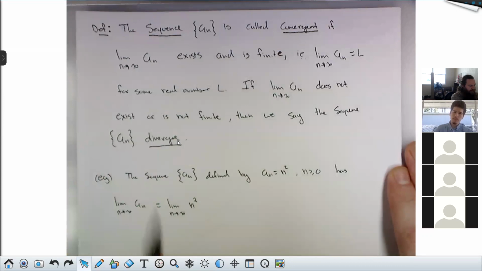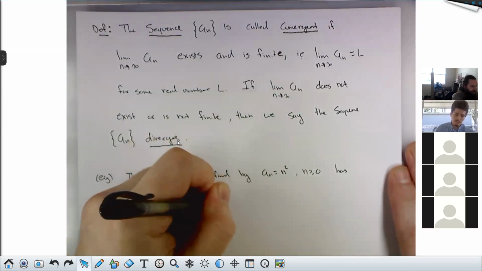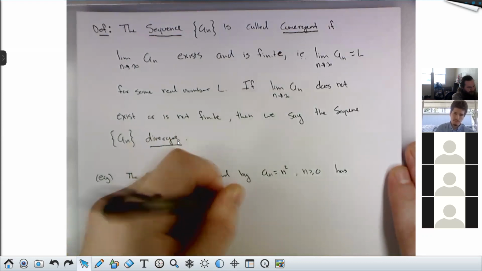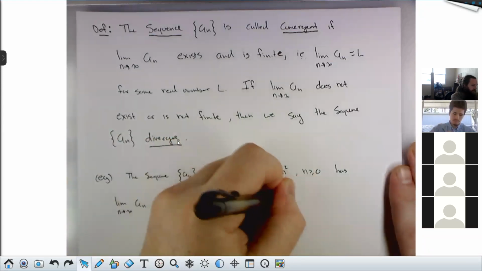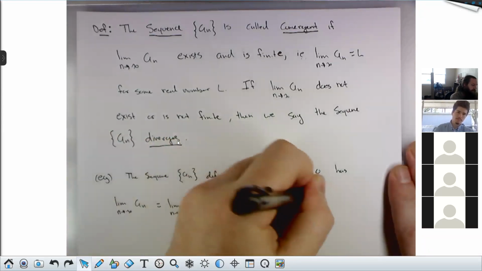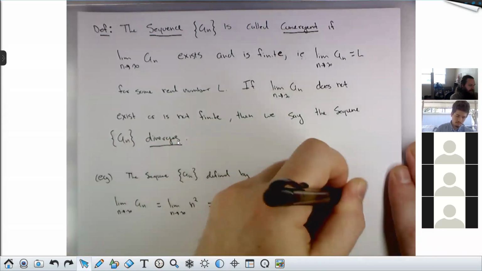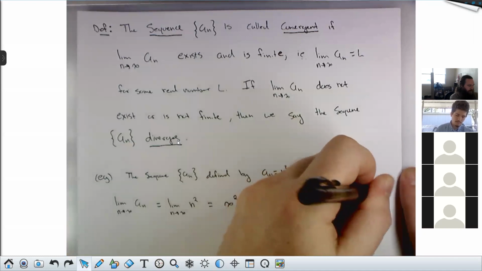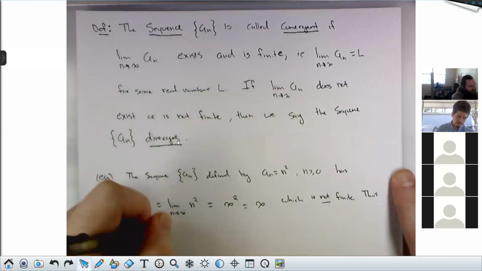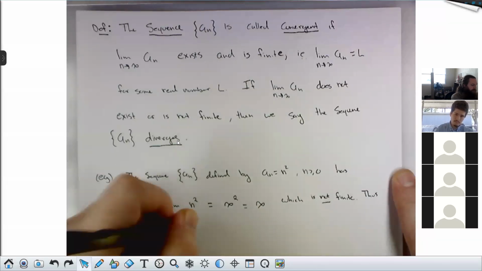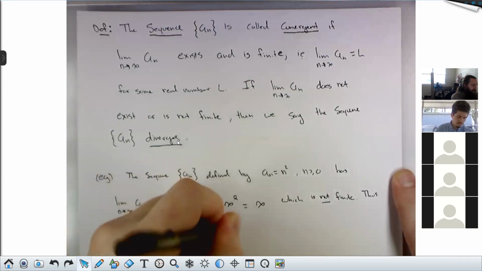And as n goes to infinity, n squared goes to infinity. You can be silly about it and call it infinity squared, which is infinity, which is not finite. Thus, we say this sequence diverges.